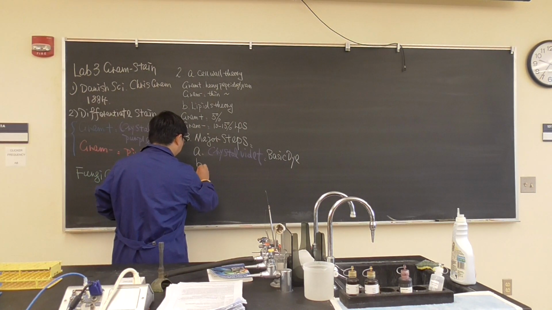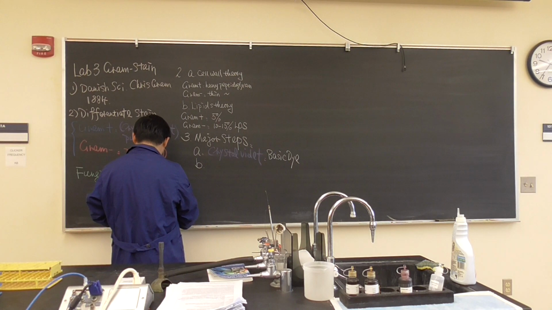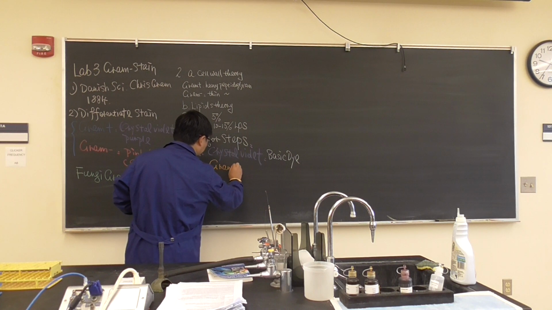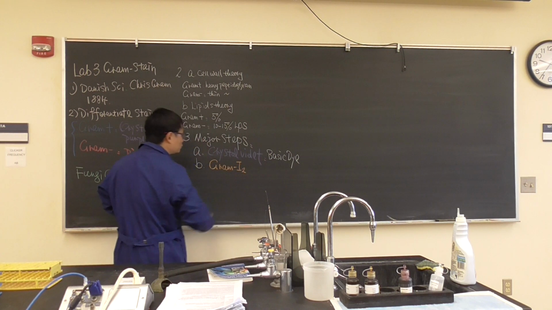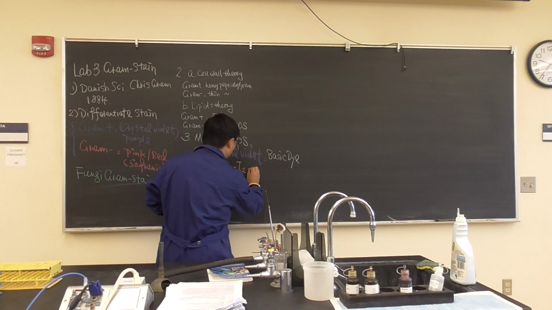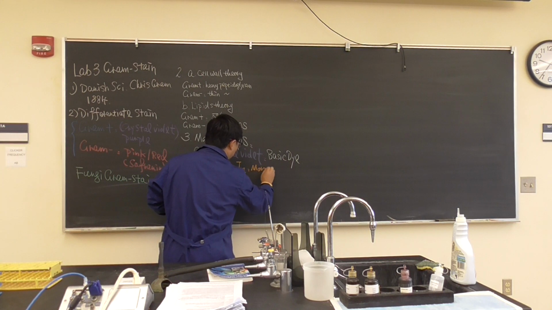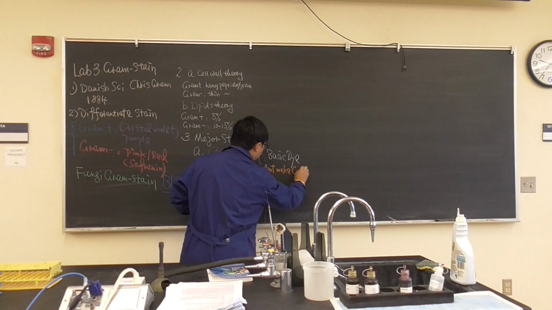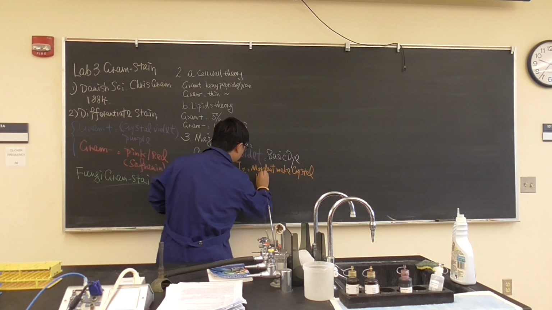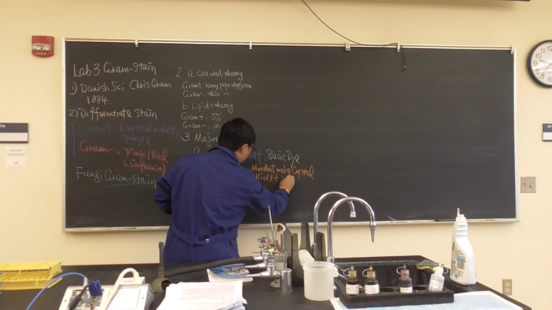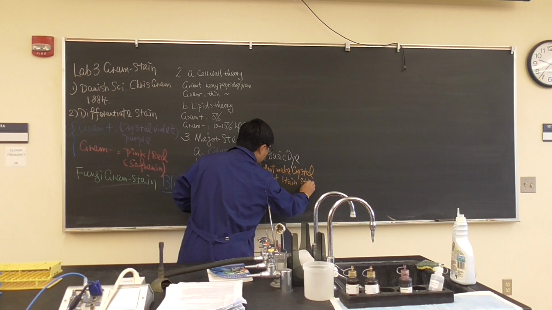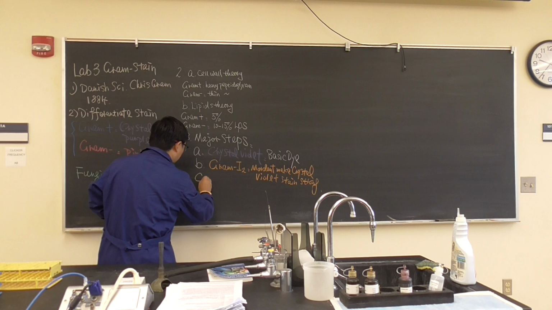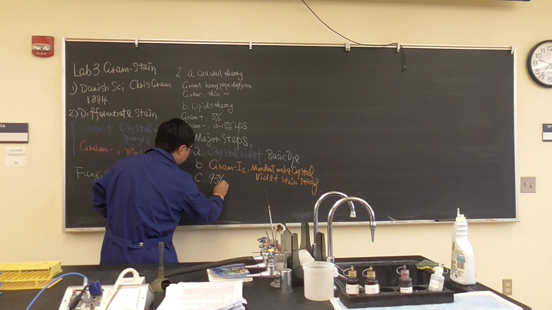The second step is we're going to add gram iodine. Gram iodine, usually it's a brownish color. It's called a mordant. And we want to make the crystal violet stay, or we say stain strong. Okay, the third step is using 95% alcohol.